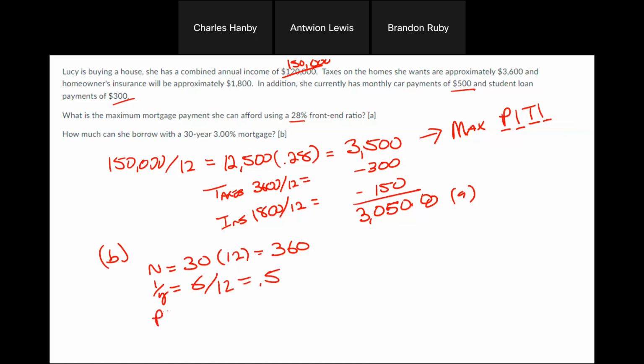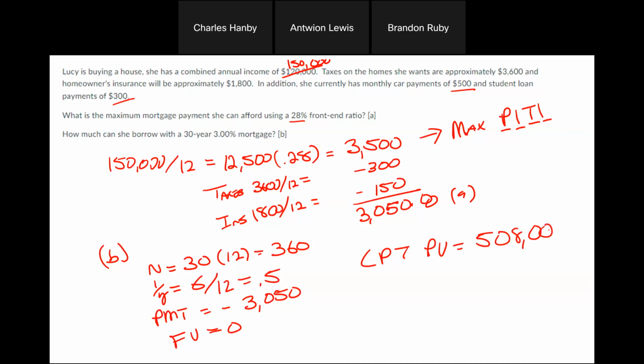And then we enter our payment as a negative, and then future value is 0. That's just telling the calculator that you're paying the loan off. Then we compute PV, and we get $508,714.42.